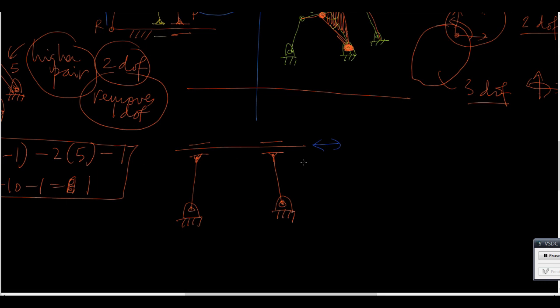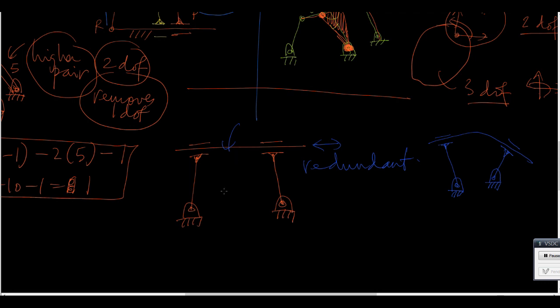So that's a degree of freedom, but it's a redundant degree of freedom. As it happens, if I change the shape of the rod from straight, then the redundancy disappears. Okay, so if I think of the rod like this, now it is no longer redundant.